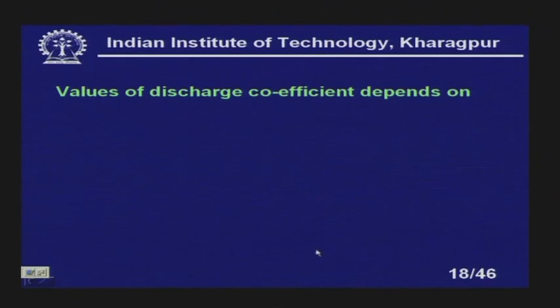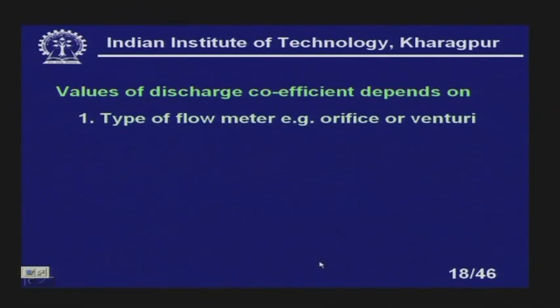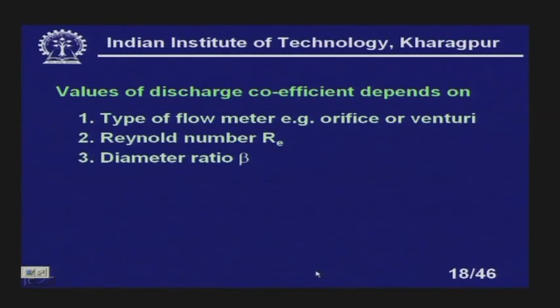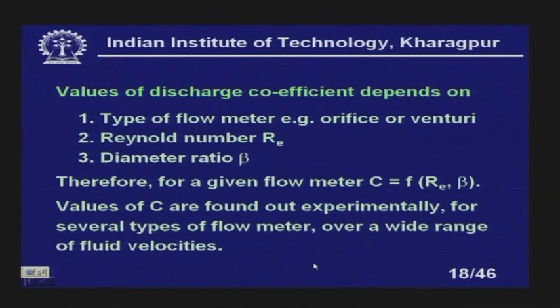Values of the discharge coefficient depend on the type of flow meter, that is orifice or venturi, the Reynolds number Re, and the diameter ratio beta. So, for a given flow meter, I can write C is a function of Re, the Reynolds number, and beta. Values of C are found experimentally for several types of flow meters over a wide range of fluid velocities, right.